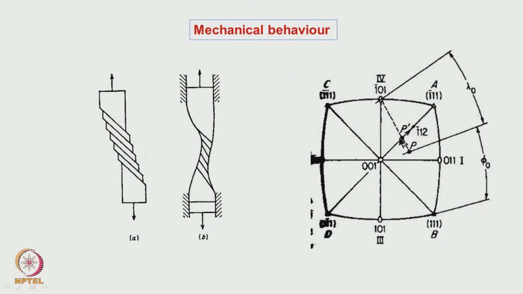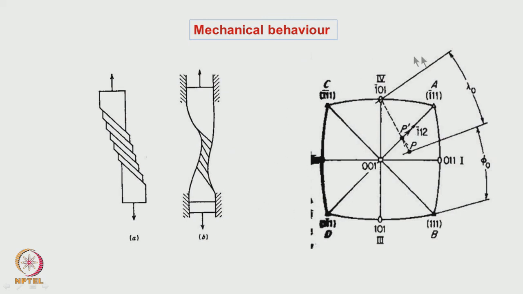But what is essentially important is that using the stereographic projection, we can tell which slip system is activated first, and what all other slip systems will be activated during deformation. All this information we can obtain.